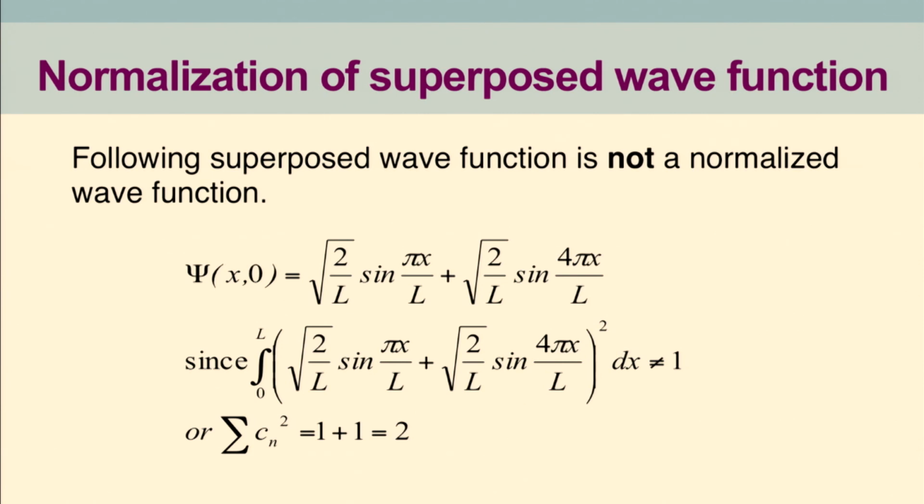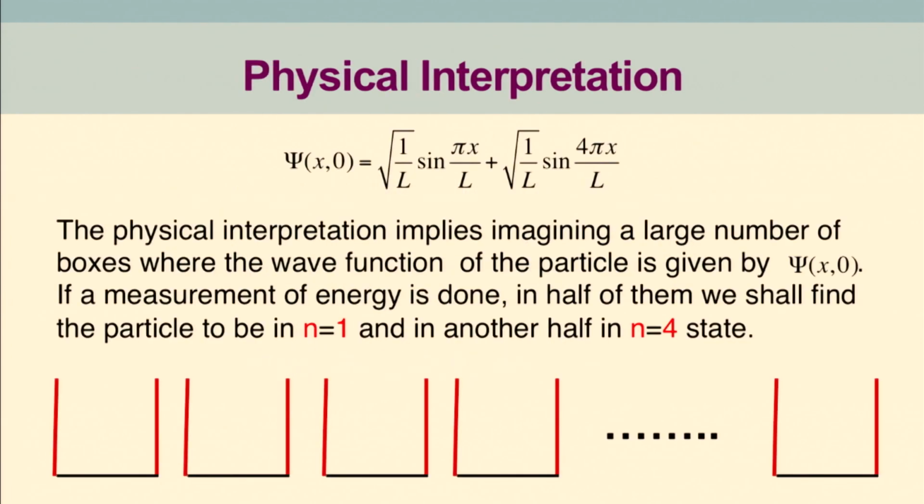That means there are two coefficients here which superpose these two wave functions, and each of them has 50% of the probability. Mod C1 square is 1, and so is mod C4 square, which means it has a 50-50 probability of finding the particle in the two states.